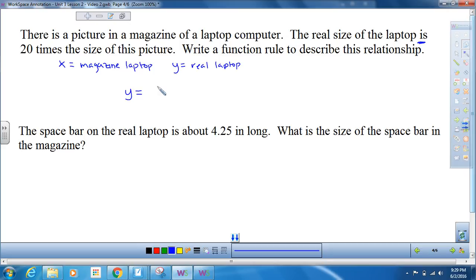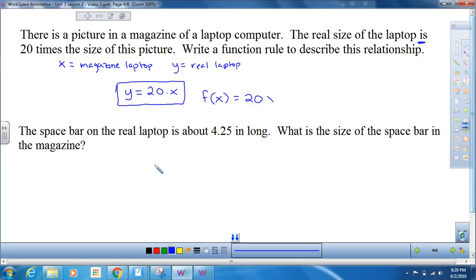All right, well, 20 times means 20 times, and then x. Okay, so here's our equation, or our function rule. We might also write it, since it says function rule, as f of x equals 20 times x, but y is okay.